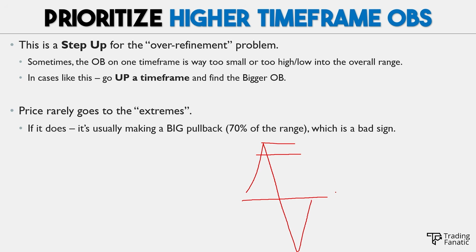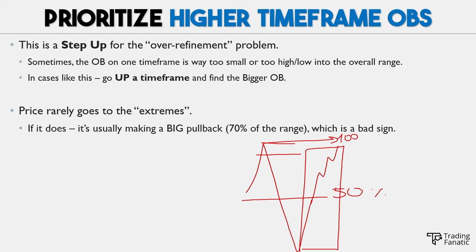This is where the market is usually going to pull back. If it keeps pushing into the extreme, this is almost a 100% pullback, which is literally going to make a trend change. So looking for those extremes is usually not a good thing, because new bullish order flow is starting to kick in right here.